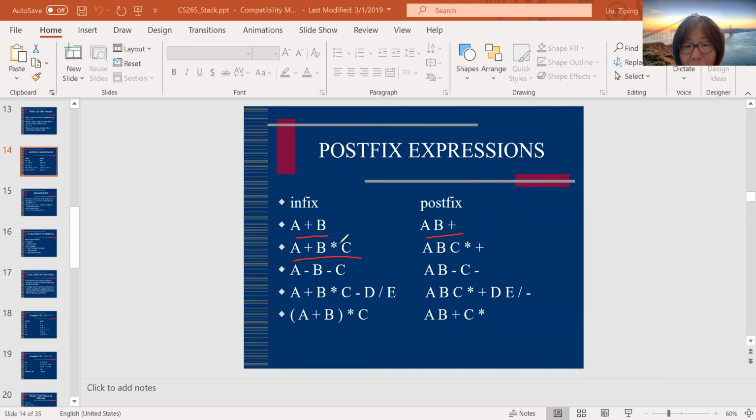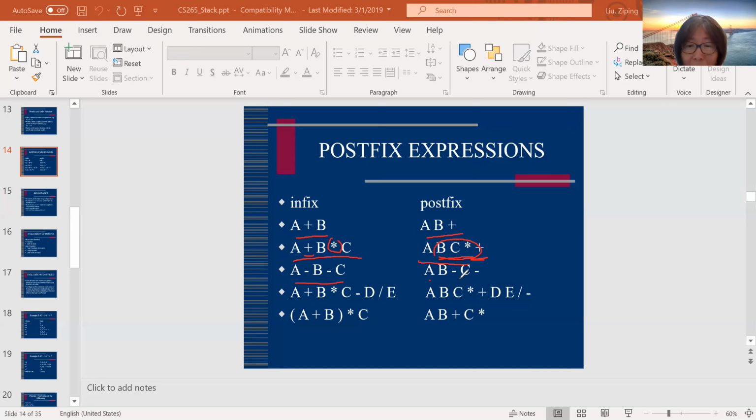For the next one, we all know multiplication has precedence over plus and minus. When we convert to postfix, you will see B C and then multiplication first. After that you have the result calculated, and then it's A, the result, and the plus sign.